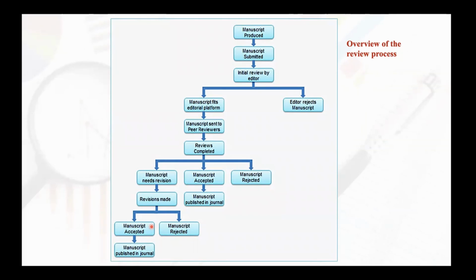The modern trend is that they publish it online first, before the layout, and it will be there for a few weeks or a month, and then the design team will lay out or design the manuscript, and then it will be published. Once the manuscript is published, it is called an article. So this is the whole process of review. Remember, when you submit a manuscript, it undergoes all these processes.